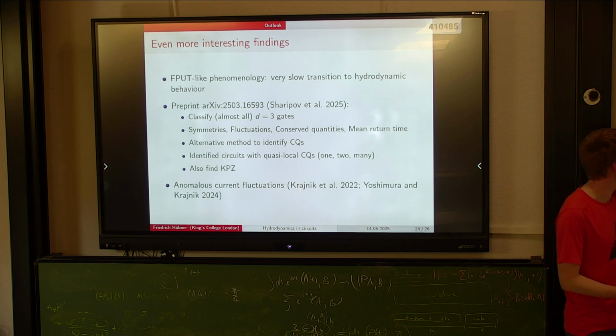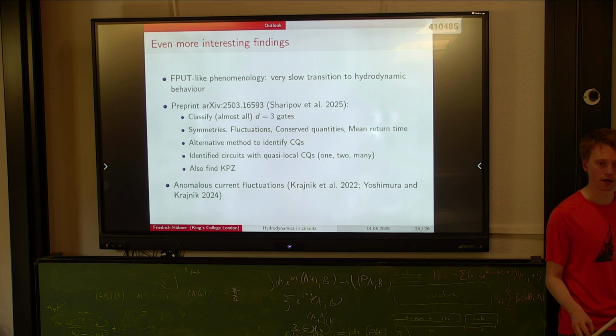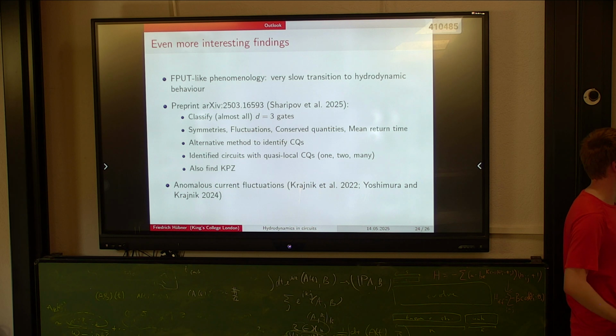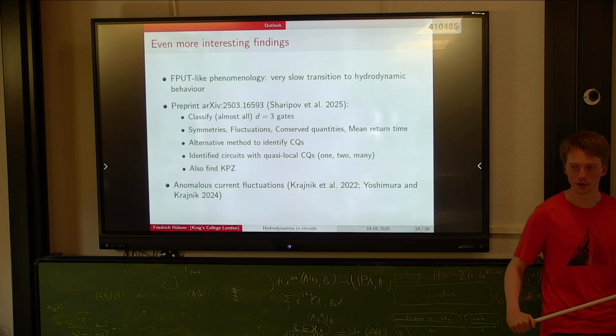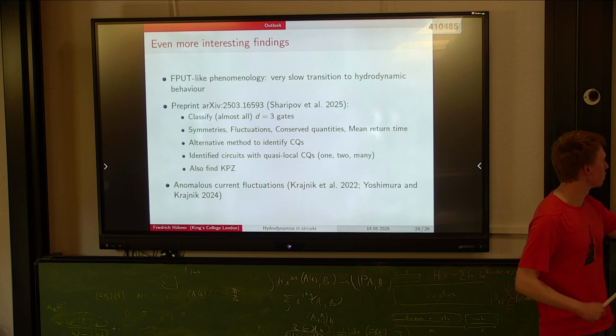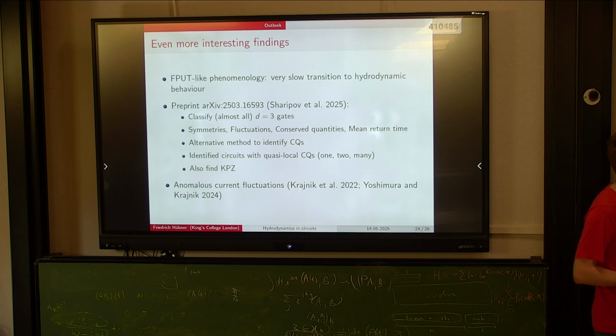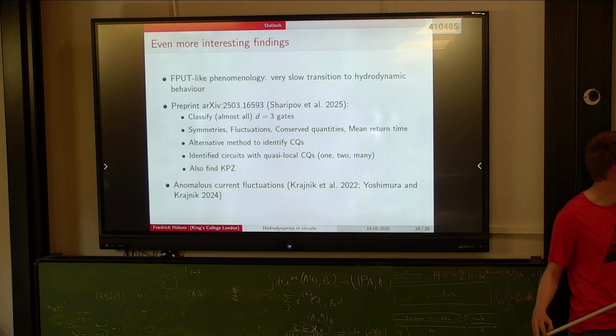Then, a week after we published our results, another preprint appeared on arXiv by a group in Ljubljana, and they didn't do hydrodynamics, but they looked at the same circuits, and their paper is basically a classification of all possible behavior you can have in these circuits. So if you're interested in them, it's worth looking at. They classify them by symmetries, fluctuations, conserved quantities, and mean return time.